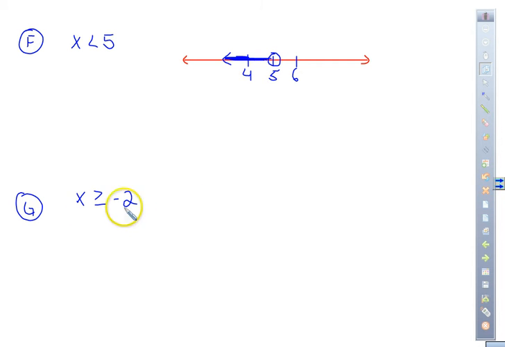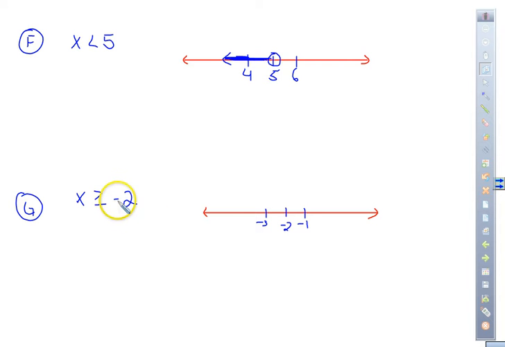Go ahead and hit pause and try letter G. All right, once again, draw your line. And we're going to put -2, -3, -1.